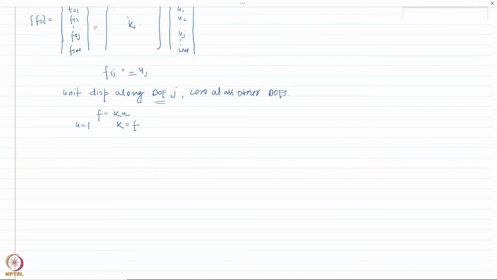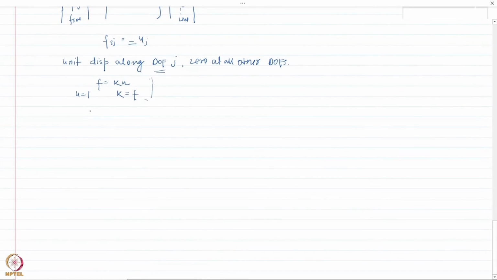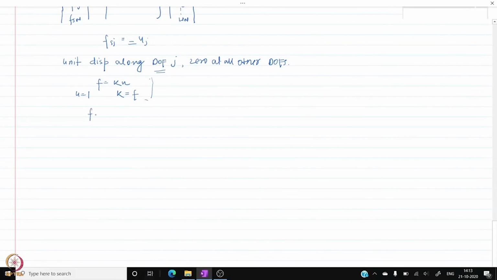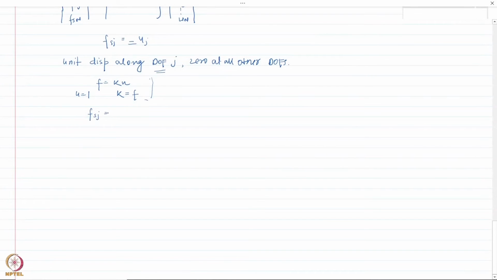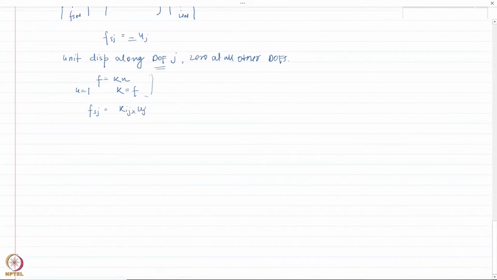This is a single degree of freedom concept, and we are going to extend it to a multi degree of freedom system. So what do we say here? If I have Fsj equal to a coefficient Kij times Uj, and if Uj equals 1, then Kij is nothing but the force applied on that particular degree of freedom.